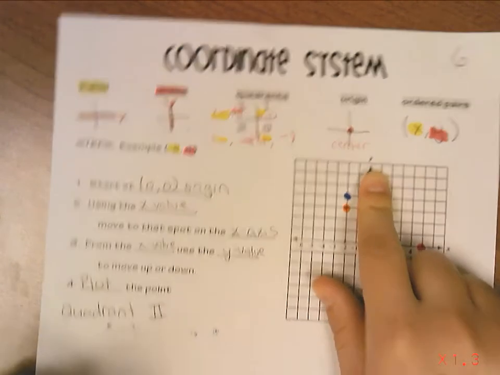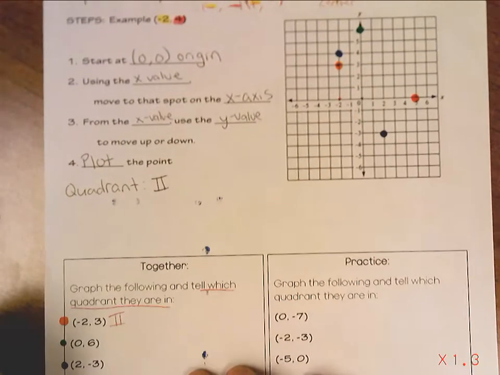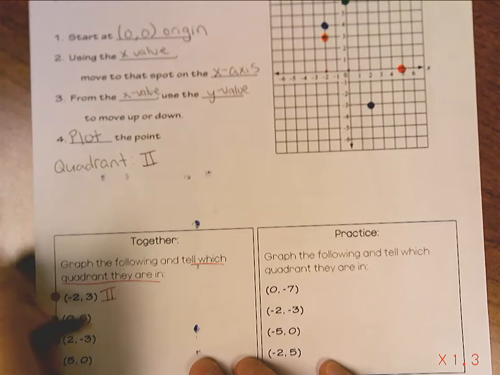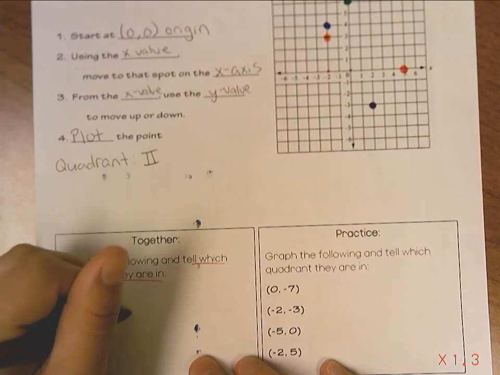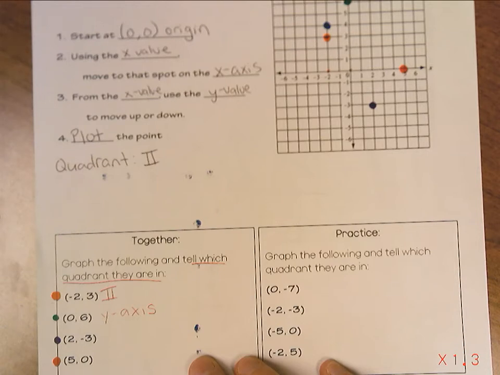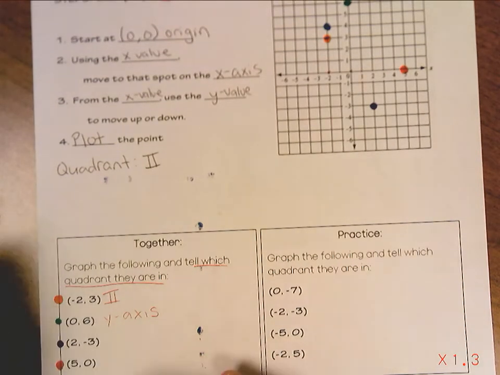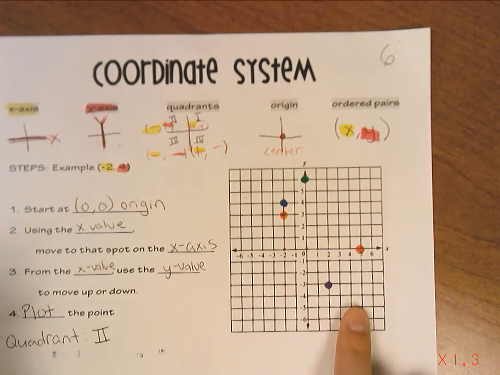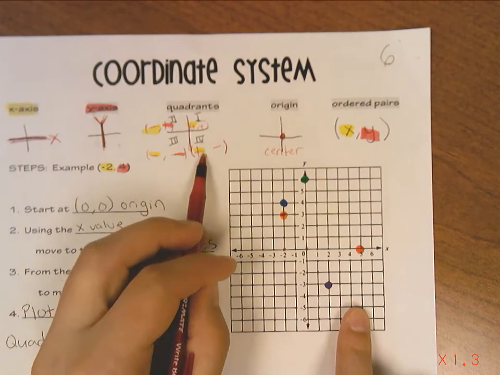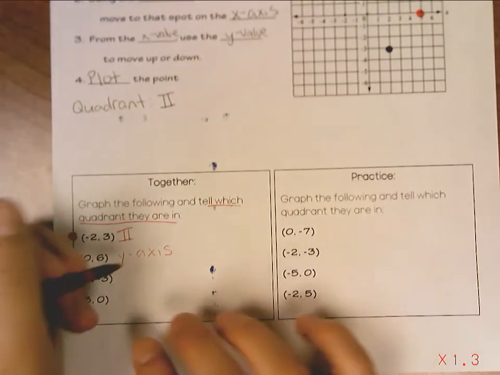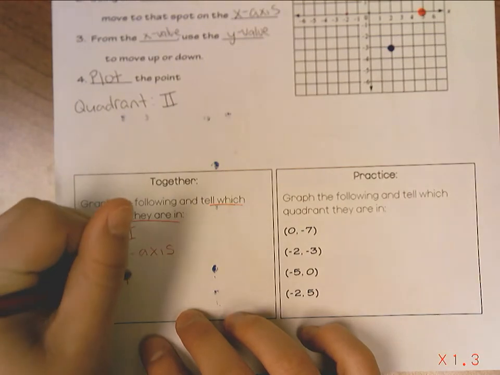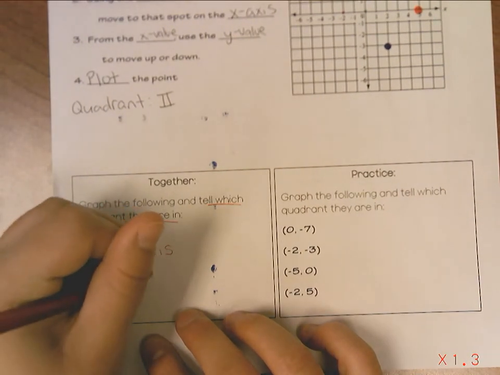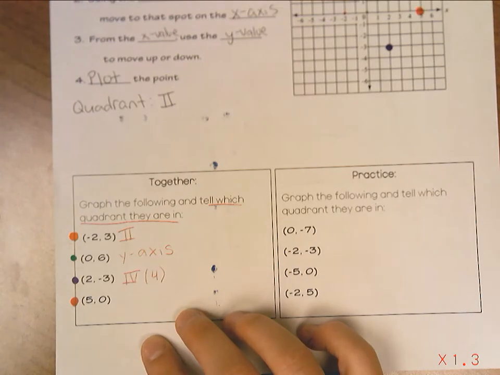The y. And so you're actually just going to put y-axis. Next one is our purple dot, and our purple dot's down here. And if you look up at our picture, that's quadrant number 4. If you just want to write the number 4, that's fine too.